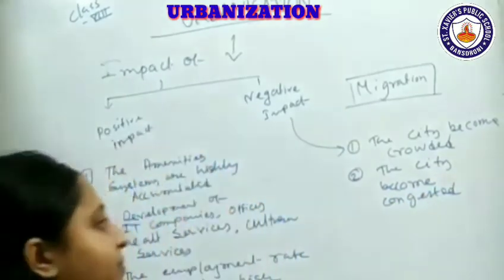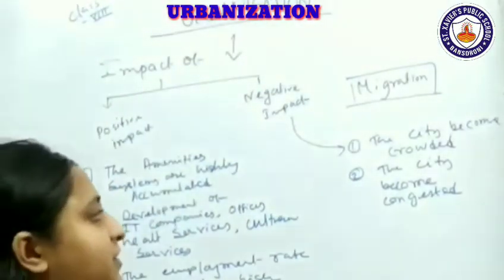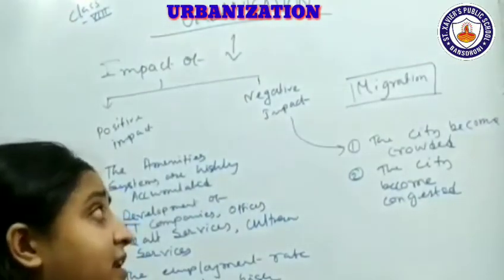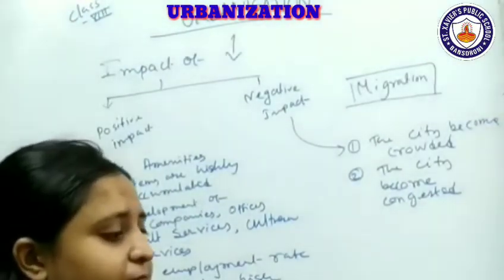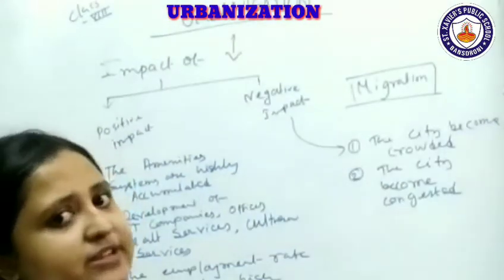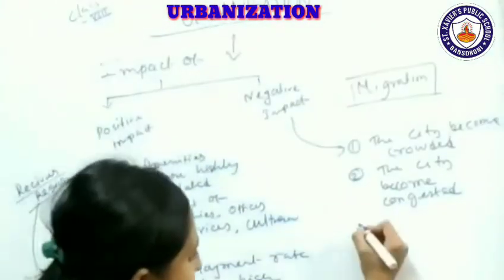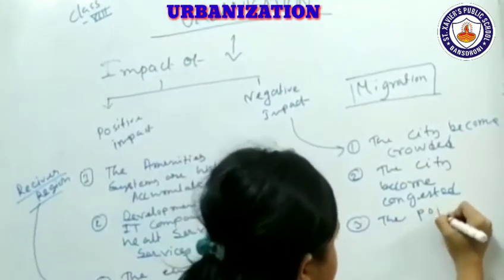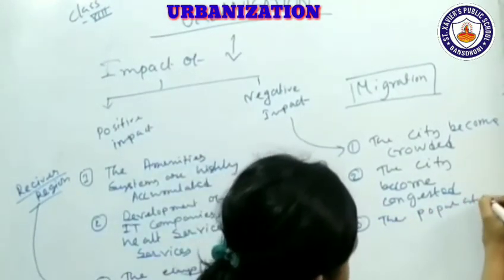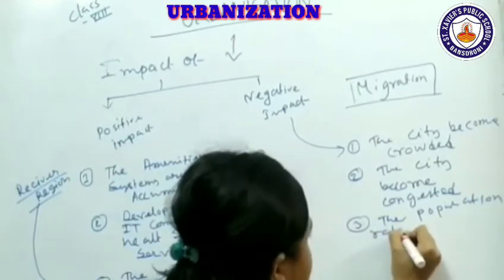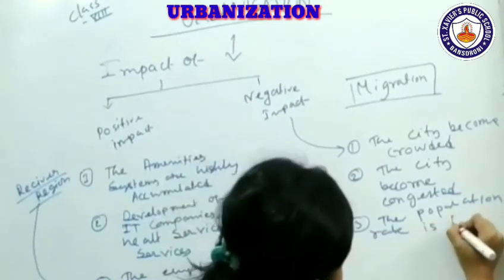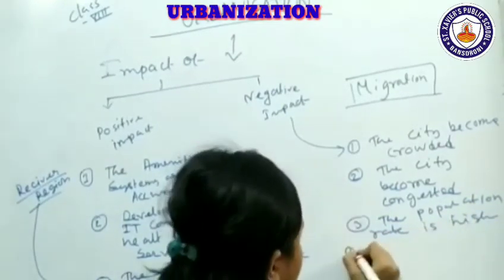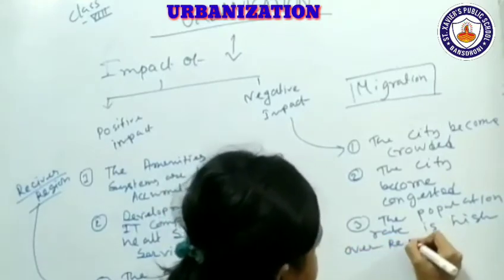Right? What are the major causes of cities becoming congested? A lot of people live in a small place, so it becomes congested. The population rate is high over the region.